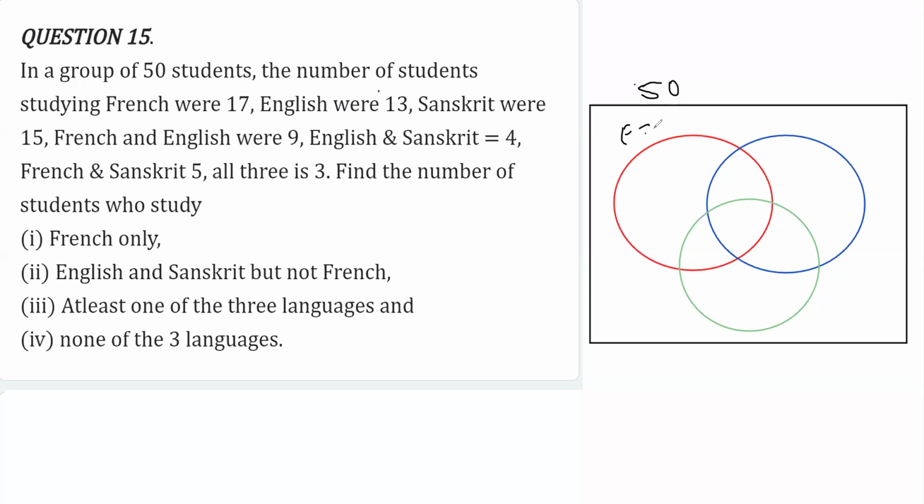F stands for French, which is 17, the whole of the red circle. E stands for English, which is 13, the whole of this blue circle. And S stands for Sanskrit, which is the whole of this green circle, which is 15.